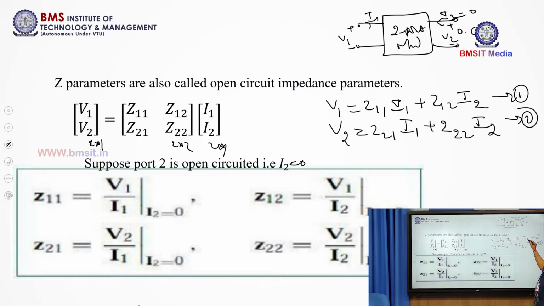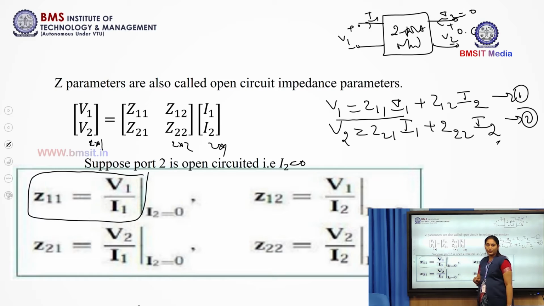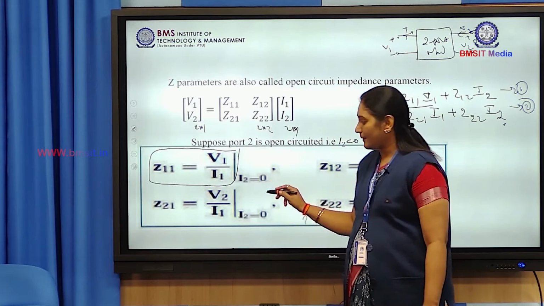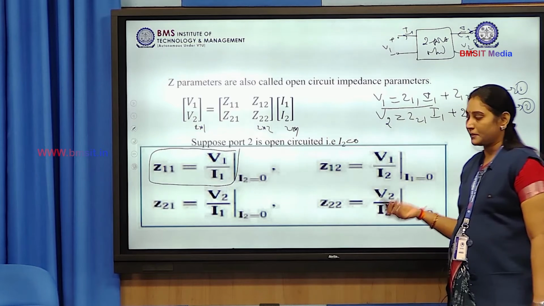When I substitute I2 equal to 0 in these two equations, what will I get? In the first equation, the second term becomes 0. Then the remaining term is V1 equal to Z11 I1. So I have found Z11: Z11 equal to V1 by I1 with I2 equal to 0, meaning I am open circuiting the second port.